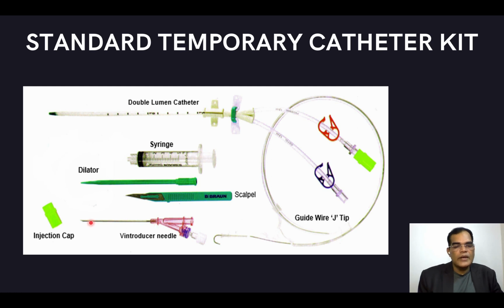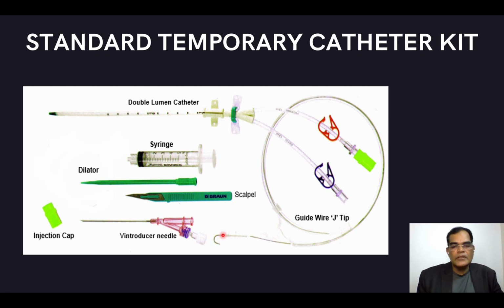Once you get the blood flashing through, a guide wire is introduced through the needle without any resistance. If there is resistance, we need to pull it back and readjust the position so that it is perfectly in the vessel.